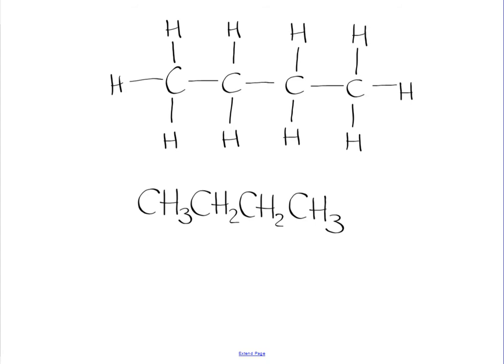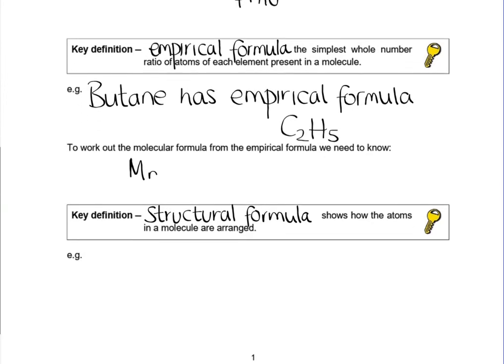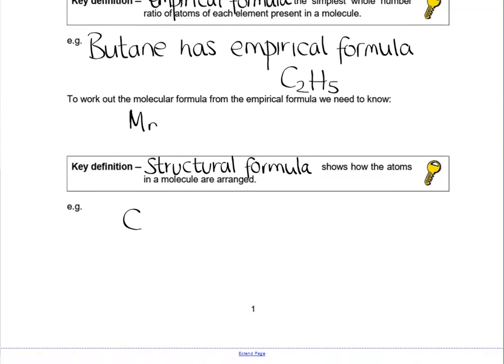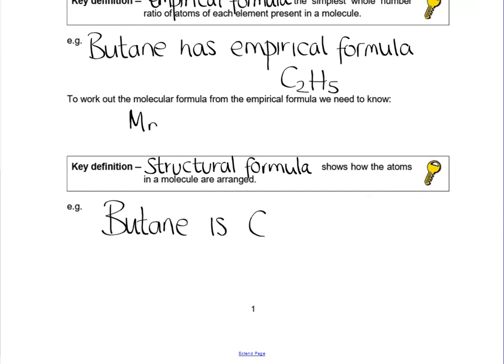This information is going to tell me all I need to know to draw out butane, and that would be called its structural formula. Let's just write CH3, CH2, CH2, CH3.